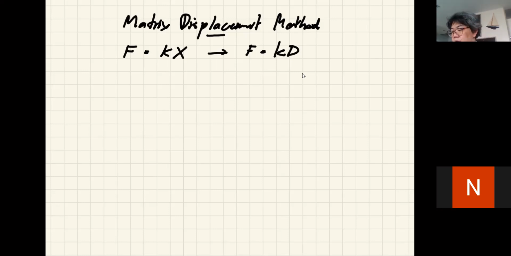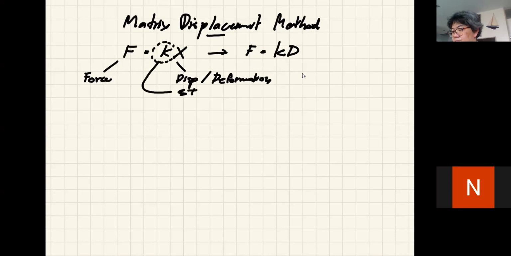Of course, F is the force, x is the displacement or deformation. You should look at this simple equation and see the simple relationship between the force and the displacement. That is K. K is, of course, stiffness.